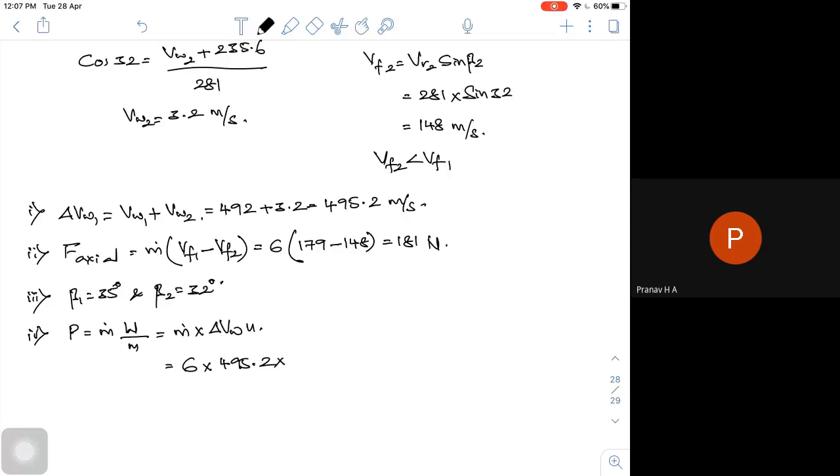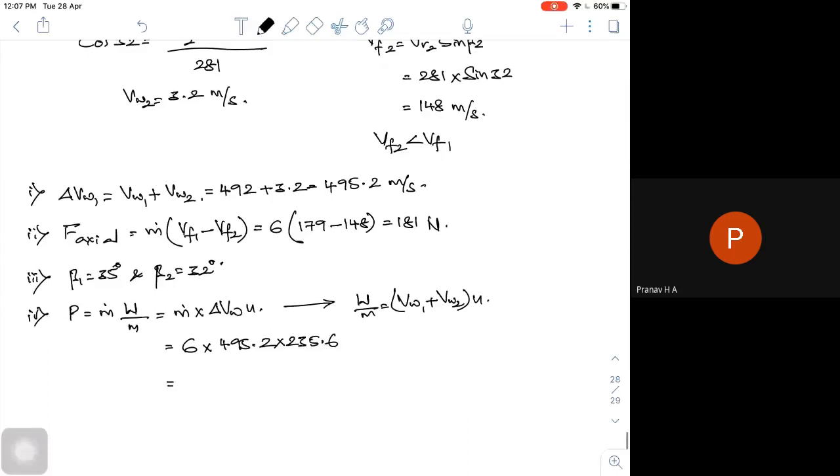I can write the formula: W by m is equal to VW1 minus of minus, that is plus, VW2, into U, where U is 235.65. Multiplying everything, I am getting around 700 kilowatts.